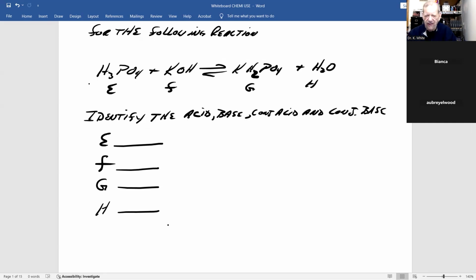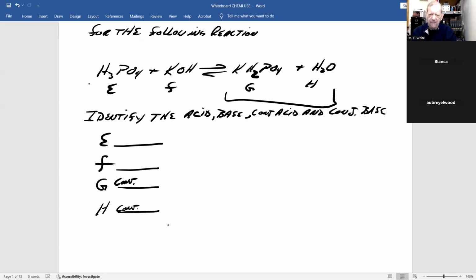By definition, everything on the right of this equilibrium is the conjugate, and I'm going to just abbreviate. So immediately we know G and H are conjugates.